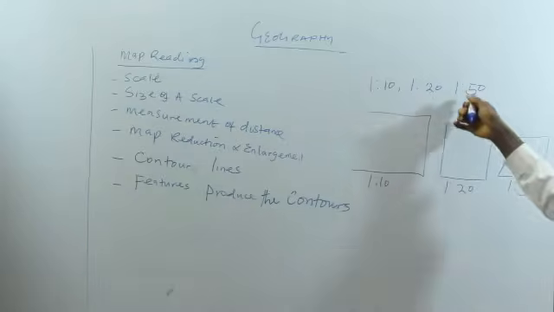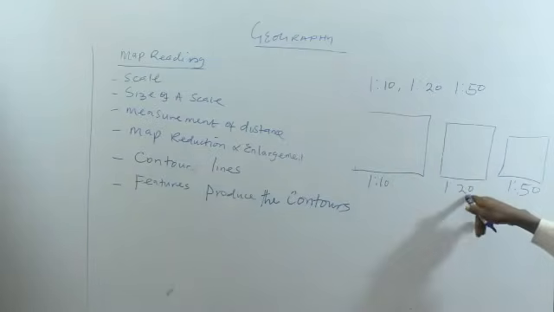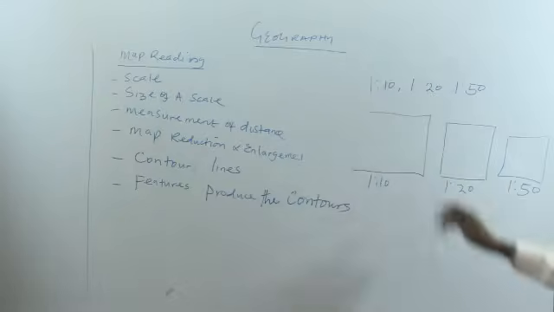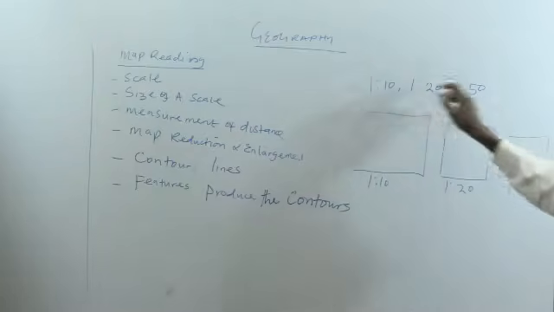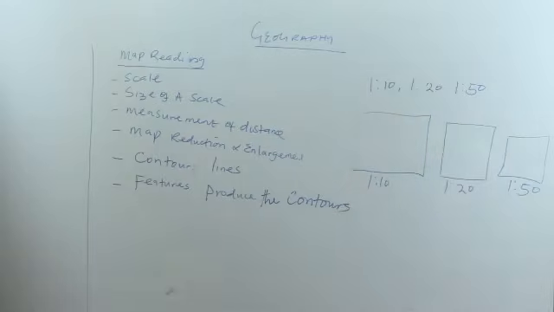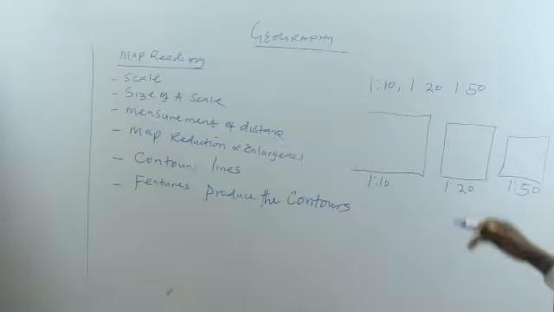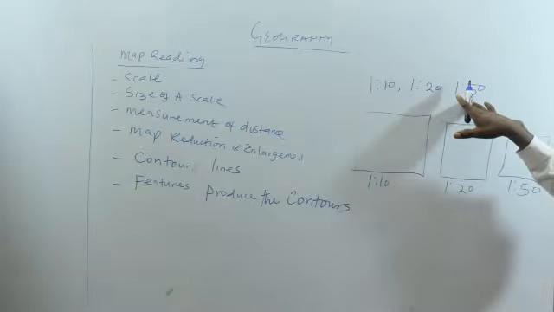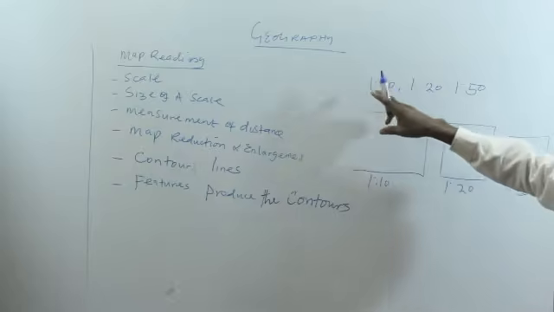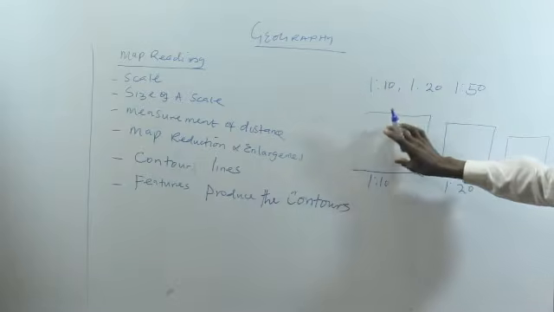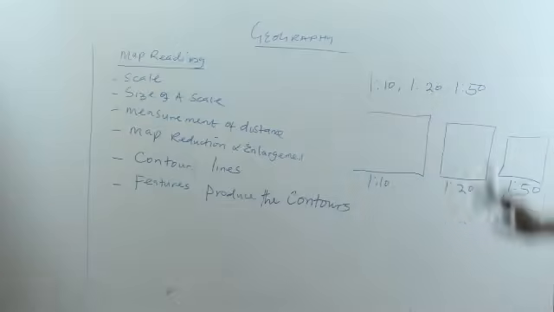Look at the map coverage of 1:50, 1:20, and 1:10. But if you look at it on normal ground, 1:50 is bigger than 1:10. But when you are dealing with the size of a scale, we are looking at the scale as per the size of the map. So the map of 1:10 is larger than 1:50.